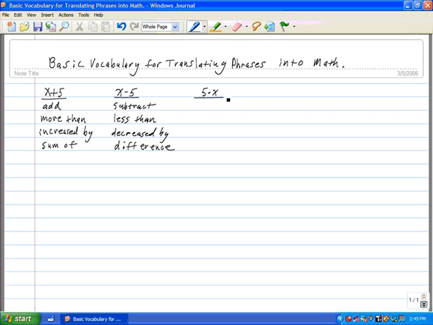With our next operation, it is most commonly called multiplication. Like 5 multiplied by a number. We could say times, like 5 times a number. And there are a few phrases like twice, or double, or triple.